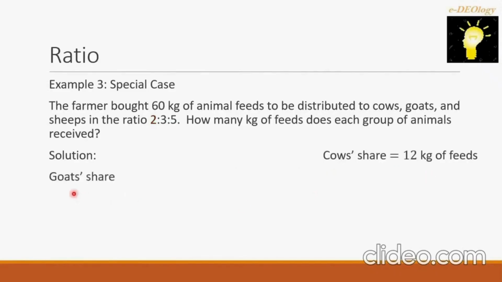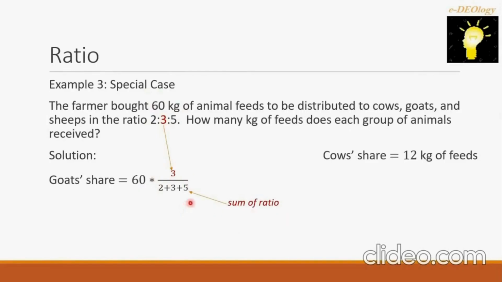We will now compute the goats' share. Again, we copy the total number of kilograms, 60. Then we multiply by a fraction. The number 3 that corresponds to the goats we put as the numerator, and in the denominator, we take the sum of the ratio.